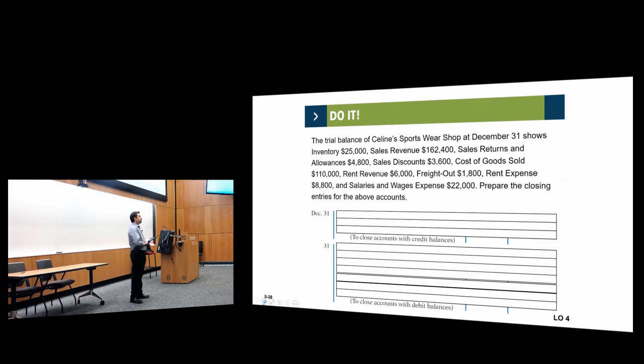Revenues. Revenues have credit balance. So what do you do? We debit them. So what's the first one to debit? Sales revenue. You debit 162,400.